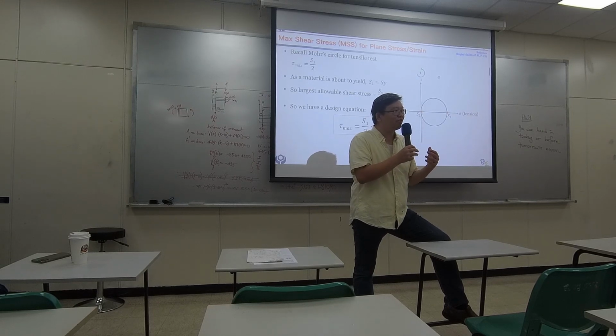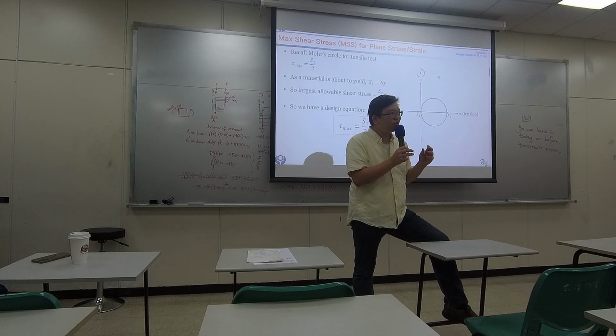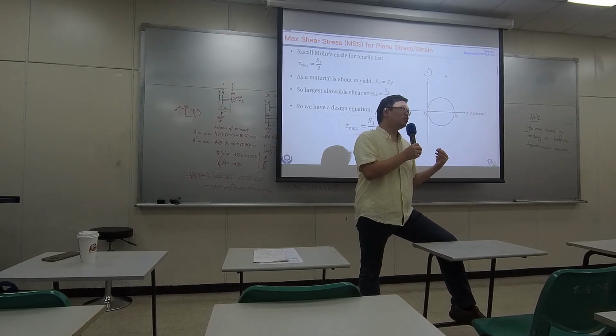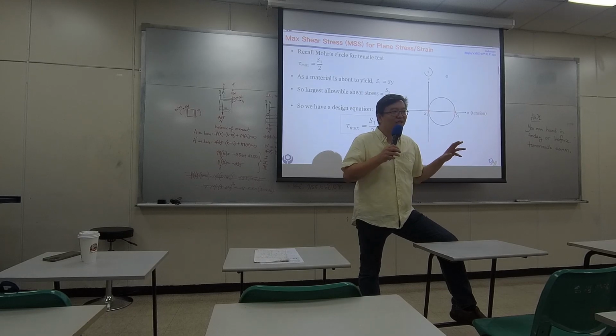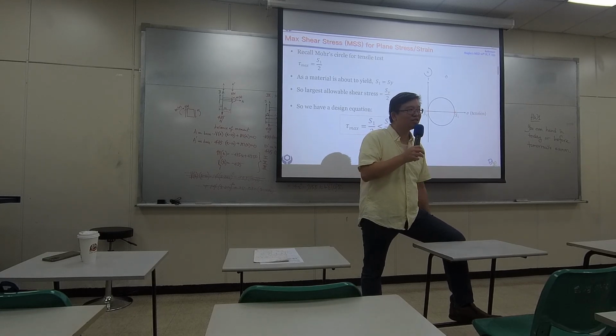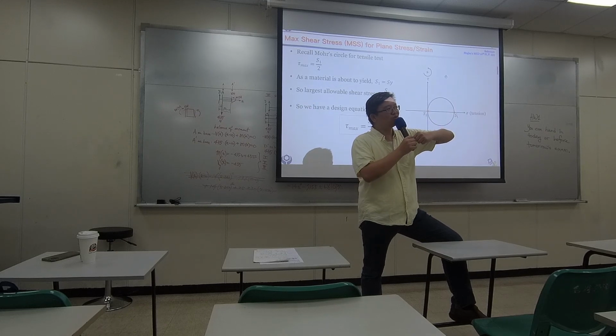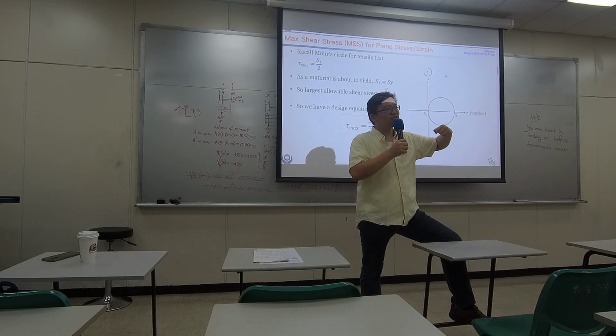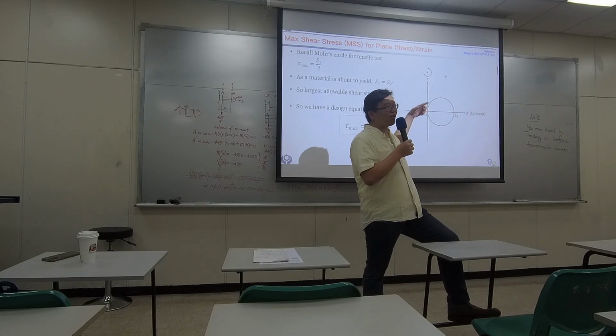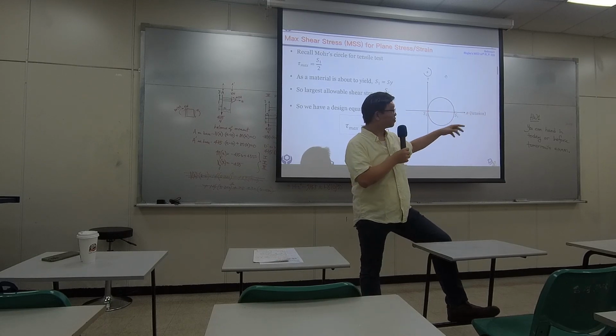That's the behavior of yielding. Deformation that doesn't recover back to its own shape, right? So in mechanical design, you never want to see yielding. Of course, you don't want to see breakage. So yielding is already failure for mechanical designs.